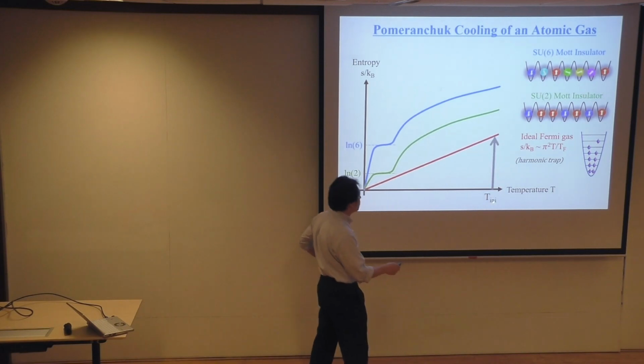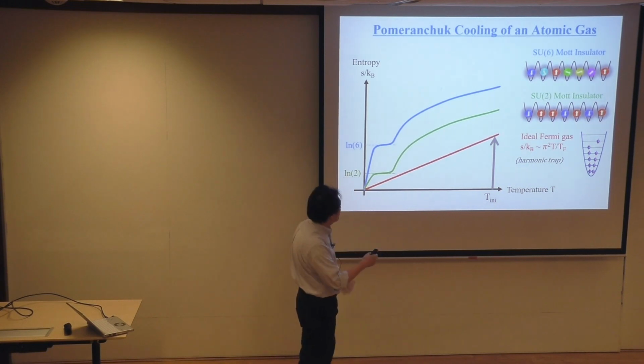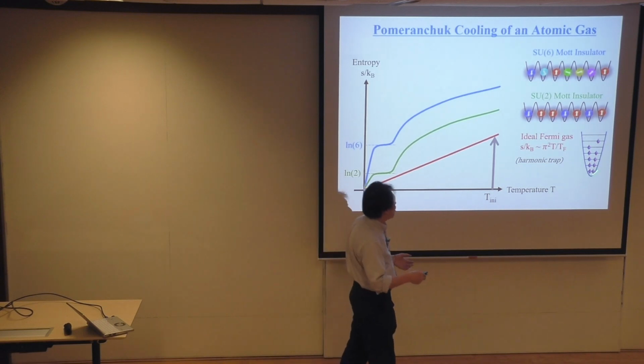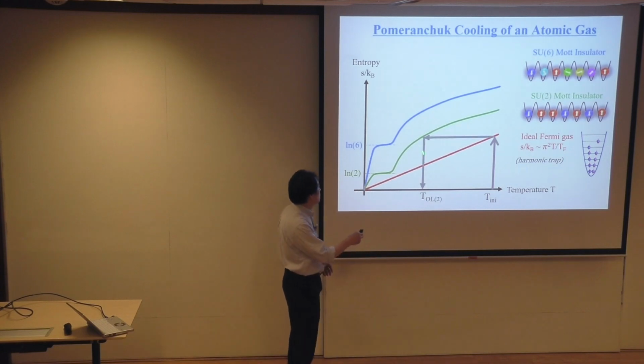When we start from this initial temperature in a harmonic trap, and by adiabatic loading from the harmonic trap to the optical lattice, we obtain the atomic temperature for the case of SU(2).